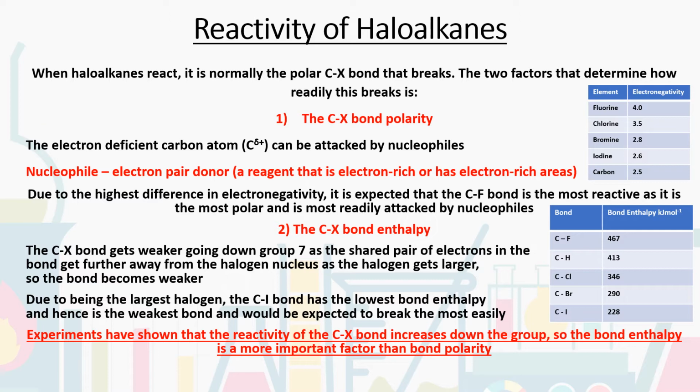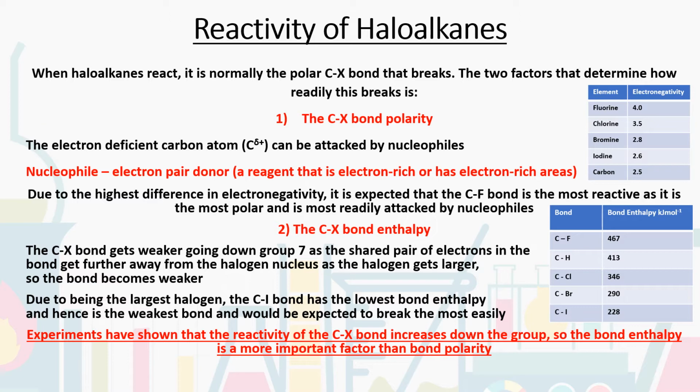And you can see as we go from iodine up to fluorine, going up group 17, the electronegativity increases. So iodine is 2.6. Technically, there's a small electronegativity difference there, only 0.1, so not particularly polar, all the way up to fluorine where we have a 1.5 difference and a very, very polar bond.